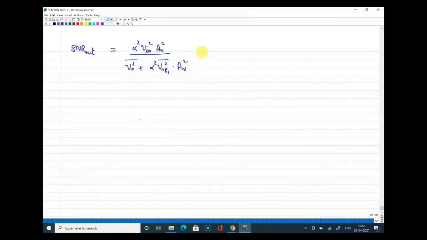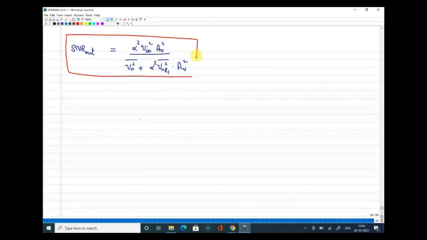This I'm also marking for reference. Now to find noise figure, I can directly write that noise figure can be expressed as SNR in by SNR out.